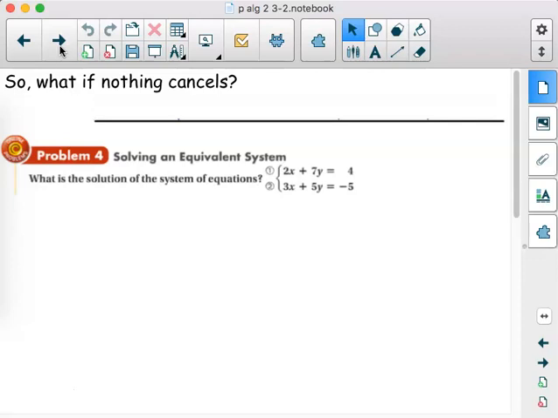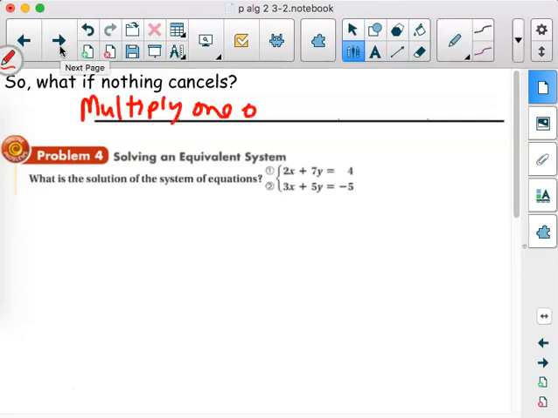So now I think, well, what happens if these aren't lined up as opposites? Because I could use substitution. I could get x or y by itself, but it's going to have a lot of nasty fractions. Nobody likes that. So here's what we do. We multiply one or both equations.